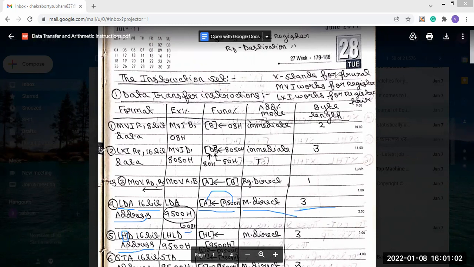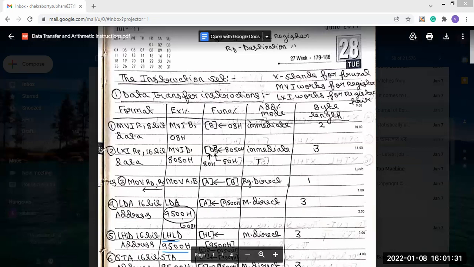The general format is LHLD, and the 16-bit address should be mentioned. An example is LHLD 9500H. LHLD means we load into the HL register pair. The function looks like this.